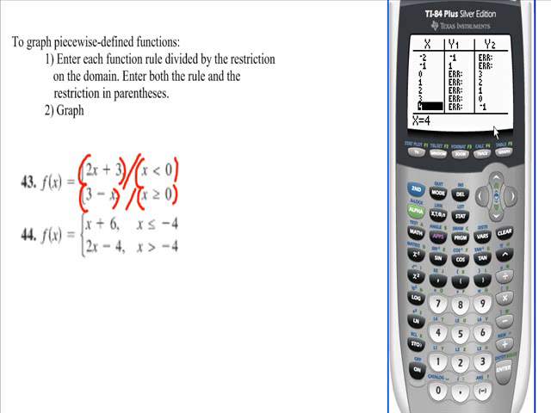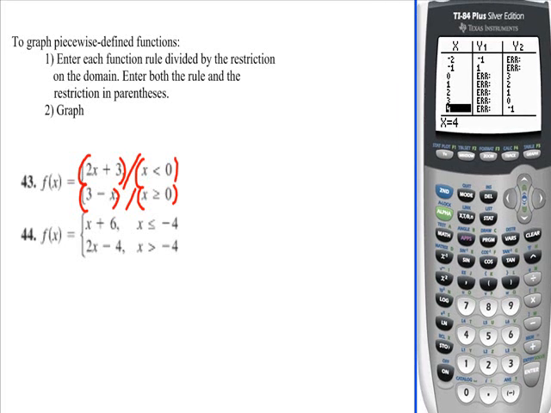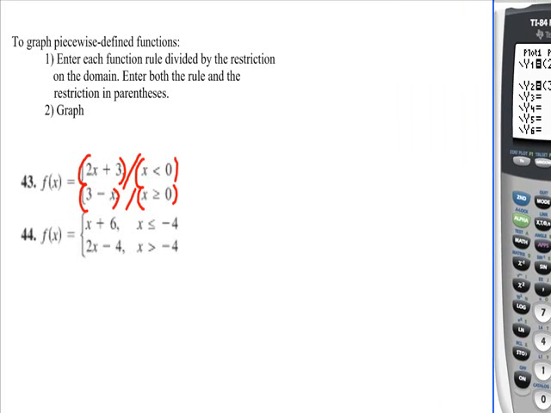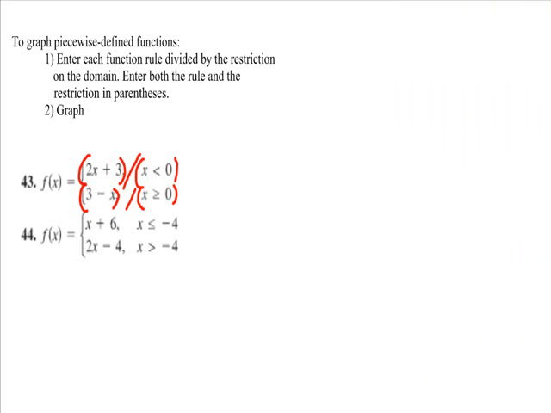So to recap, we had to use our Test menu to get the inequality symbols that we needed to display.